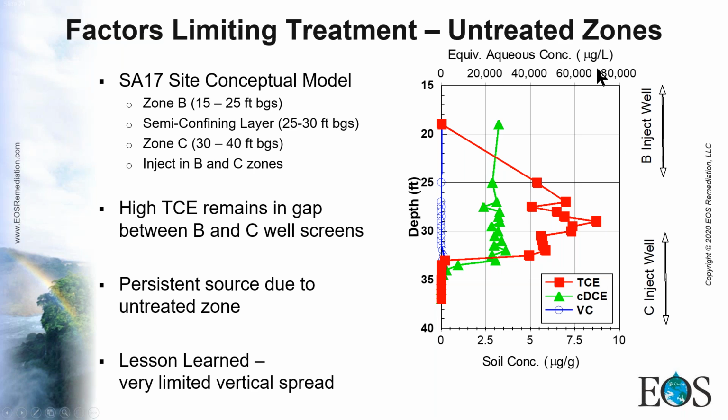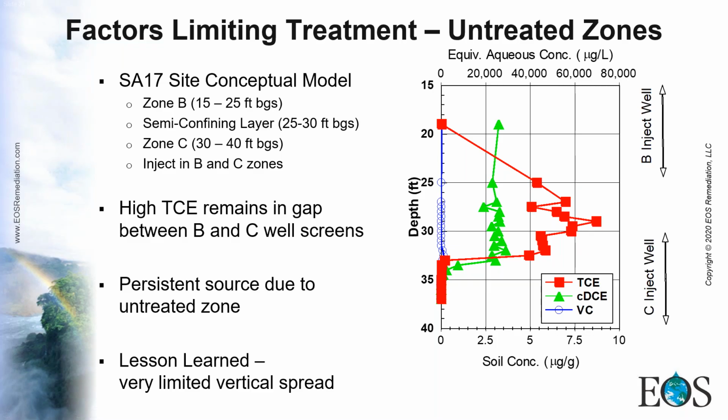monitored, and what we saw is in the B zone, we had excellent removal. I don't have a whole lot of data, but all the data suggests that. We were also getting very good removal in the C zone, but there was about a 5-foot gap between the bottom of this well and the top of this well. And not surprisingly, we didn't get very good removal there.